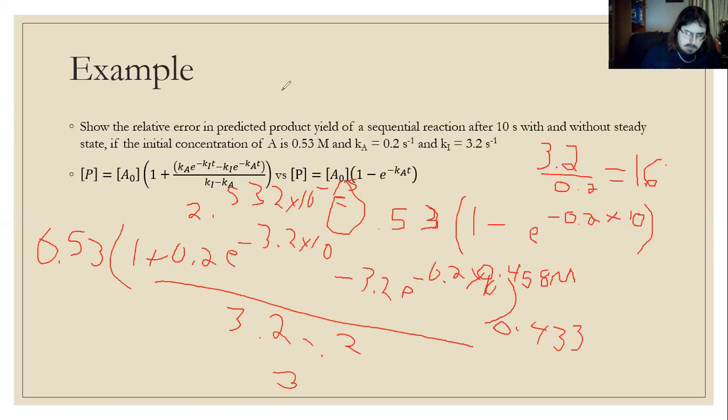So combining those two terms together, it's still negative 0.433 divided by 3 plus 1, 0.8556, times 0.53, and I get 0.453.